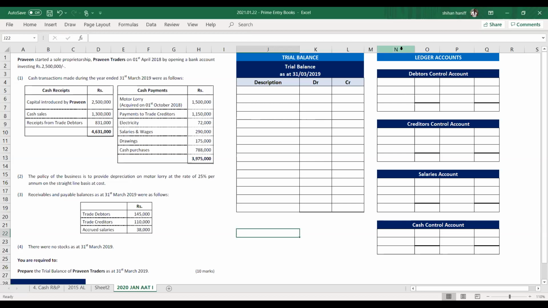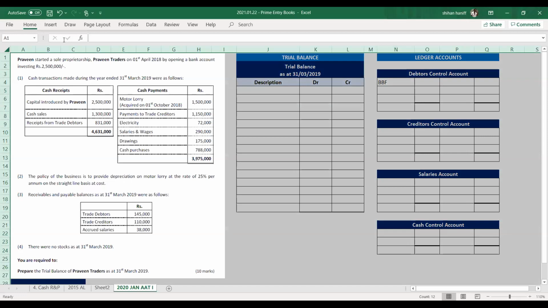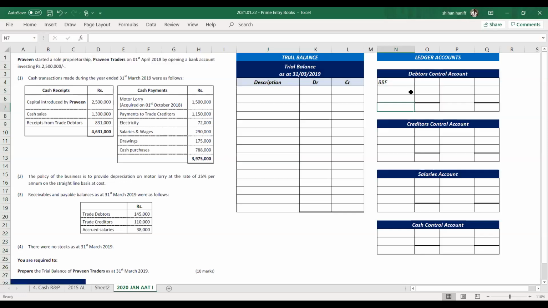So it's better to complete the ledger accounts first. Debtors control account. Opening balance is 0. There is no opening balance.